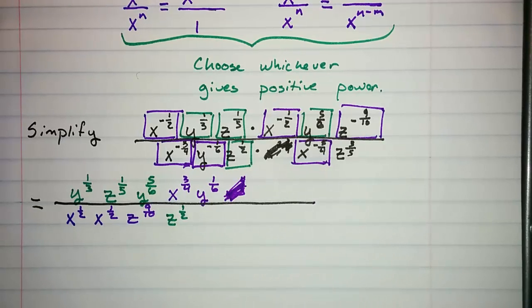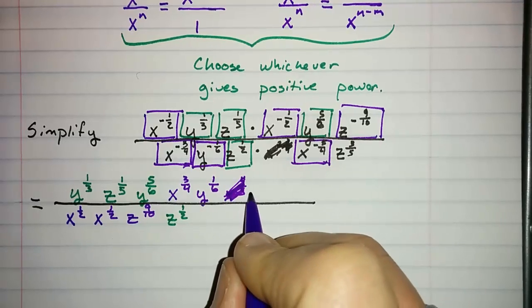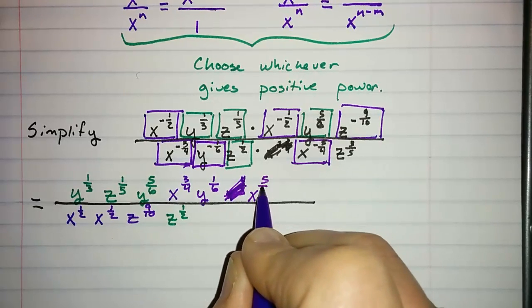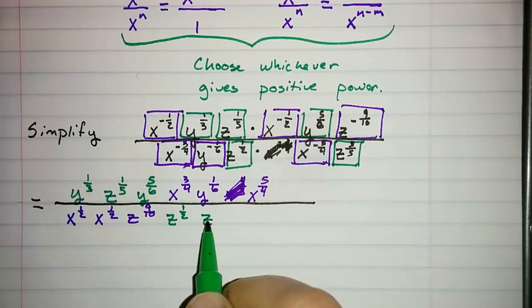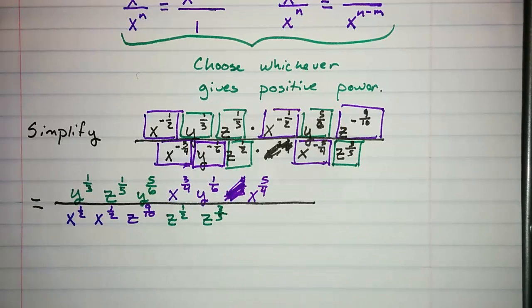X to the negative 5/4 in the denominator becomes x to the positive 5/4 in the numerator. Z to the positive 3/5 in the denominator stays z to the positive 3/5 in the denominator. Okay, now everything has positive exponents.